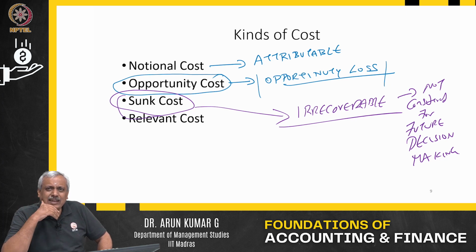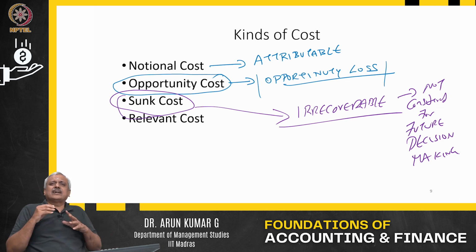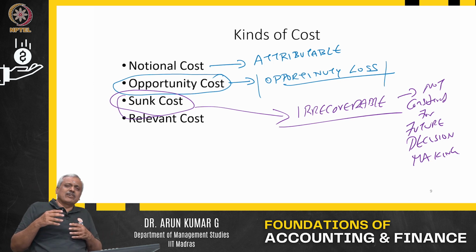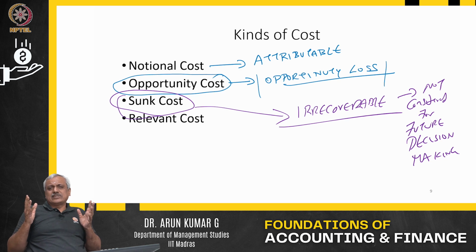They spend a lot of money trying to find oil reserves in a place, and they finally find a dry hole, or they find that the oil is so low that the cost of recovery itself will be more than the revenue they will get from the sale. So they abandon it. The cost they have spent is irrecoverable. It is already sunk in the business.